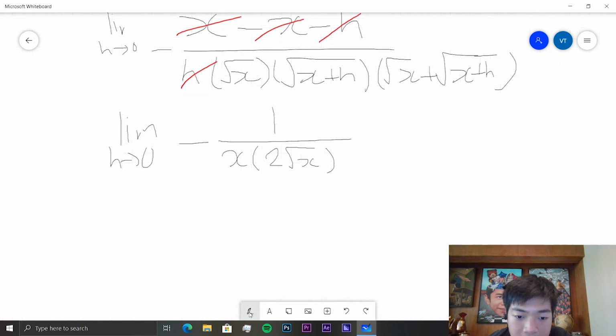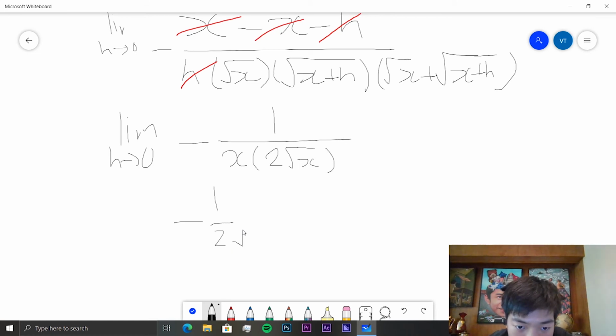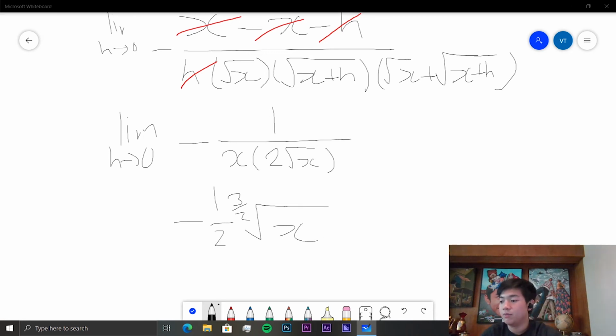And so this would be equal to negative 1 over 2, times x to the power of negative 3 over 2. So negative 1/2 times x to the negative 3 over 2. So this is what this all would tend to.